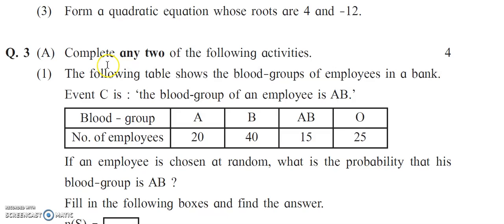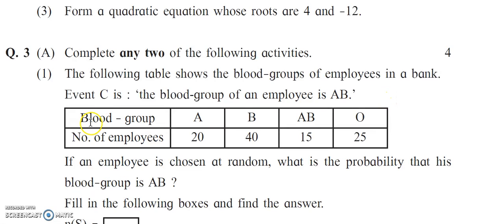Complete any two of the following activities. The following table shows the blood group of the employees in a bank. Event C is the blood group of an employee is AB.